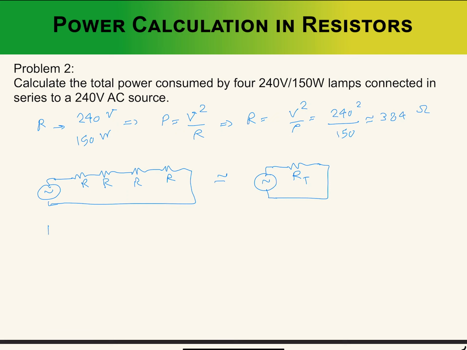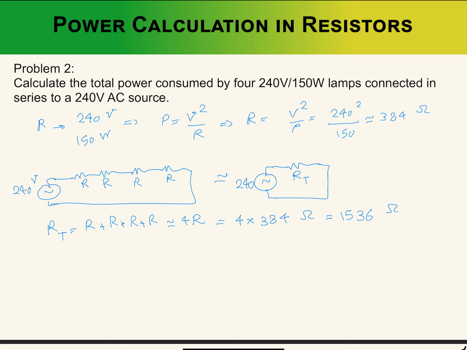Since these resistors are in series, RT is equal to R plus R plus R plus R, which essentially becomes 4R. In our example, it becomes 4 times 384 ohms. That takes us to 1,536 ohms. Now that we have the total resistance, we already know that the power source is 240 volts.